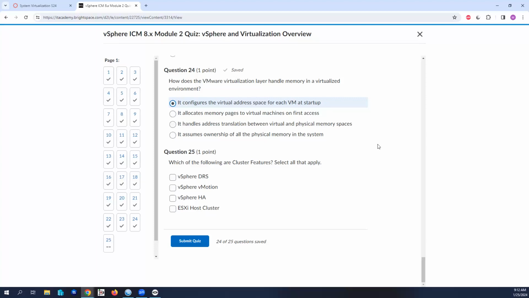Well, ESXi cluster is the name of the cluster, but it's not actually a feature. So now we're down to 3. Brianna, what do you think?